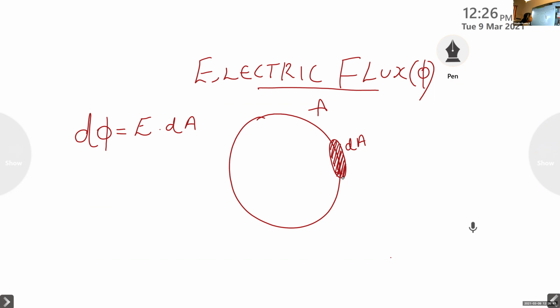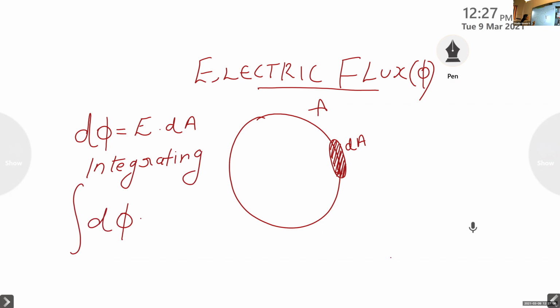Now I want to calculate the total electric flux of this given material from this small area. For that, I want to integrate. Integrating, I get integral d phi is equal to the closed surface integral.